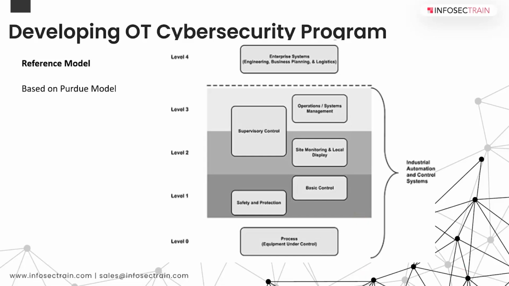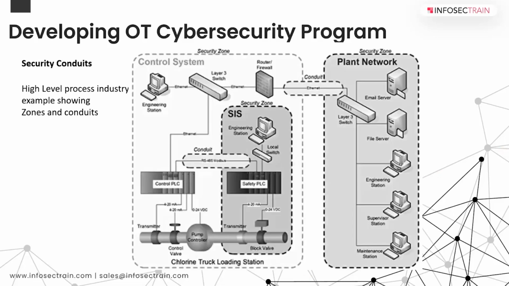Which we'll see in the next slide. So the primary focus of industrial systems or OT system security is on the lower 3 layers here, while the security above is usually addressed by the ISMS and so on. So this is where you guys have to mainly concentrate.